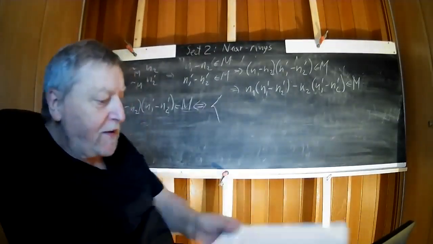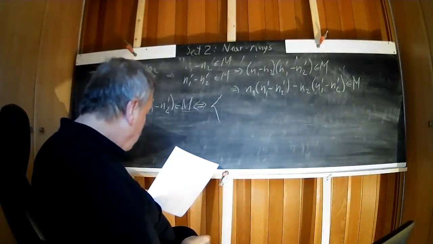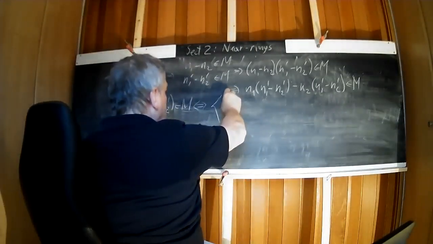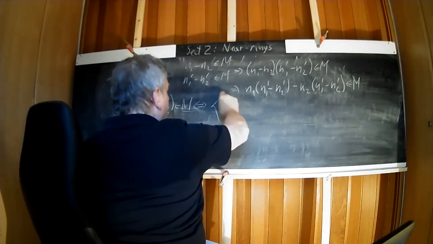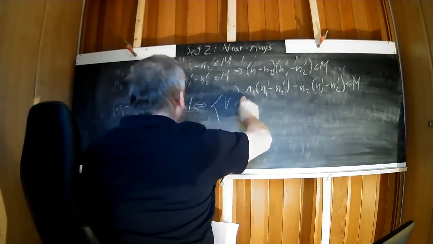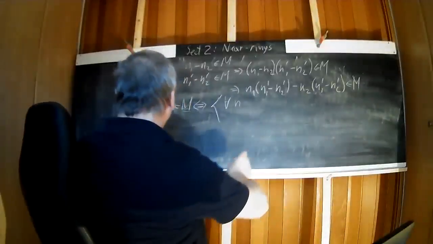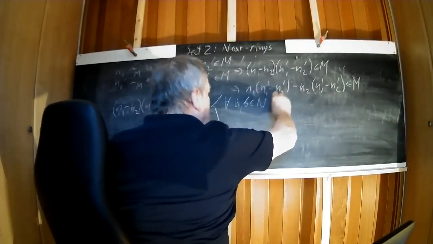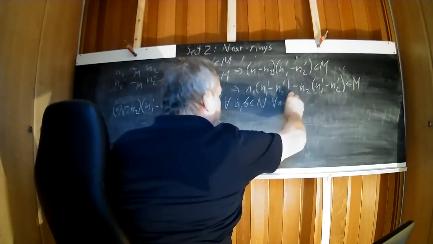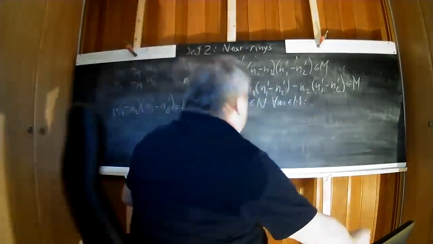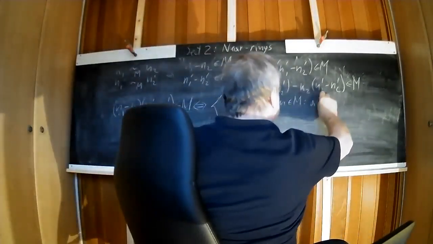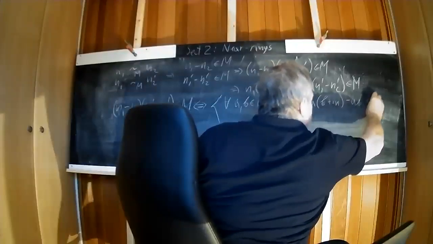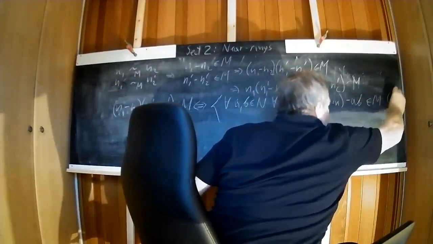The first is easy and can be expressed in such a way that for all A, B in N, and for all M in M, we have the following condition: that A times (B plus M) minus A times B must be in M. That's called condition 1.